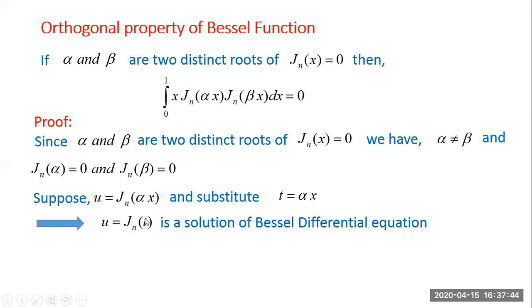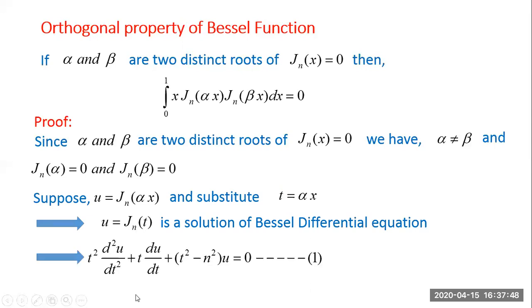Keep in mind here the variable is t. So this Jn of t satisfies the equation t square d square u by dt square plus t into du by dt plus t square minus n square into u equal to 0. So instead of x, we have t as the independent variable here. So t square d square u by dt square instead of x square d square u by dx square, plus t into du by dt plus t square minus n square into u equal to 0.